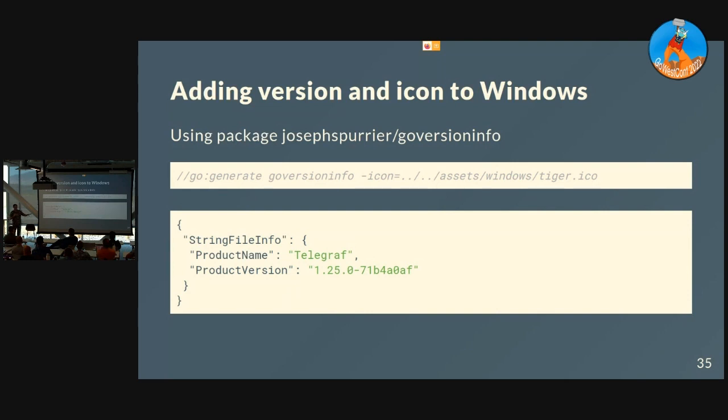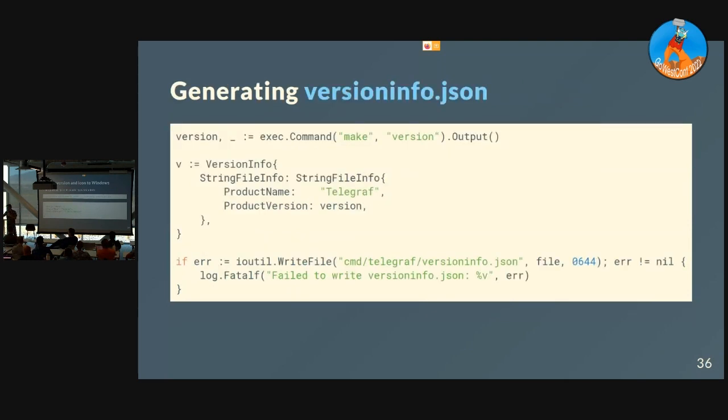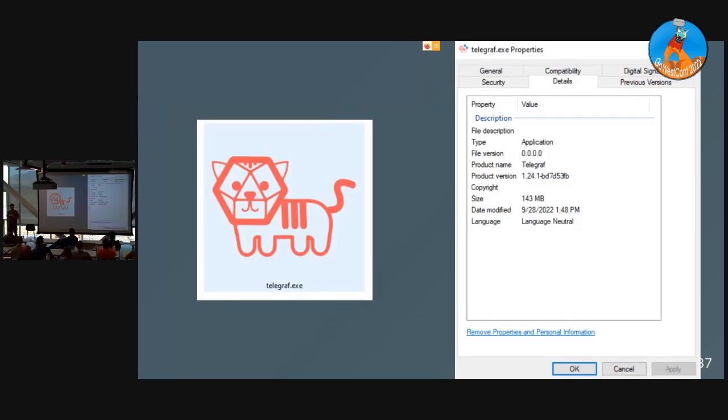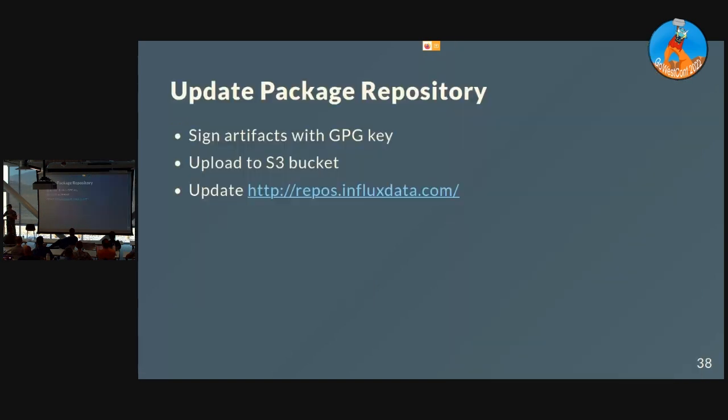I think it translates this JSON file into some Windows garbage, but it does it magically. So we have some command line tool to update this JSON file dynamically, in the same sense of how we update the linker flag to use the latest version. And then you end up with this pretty binary that's more familiar to Windows users. And yeah, so then they can help their automation.